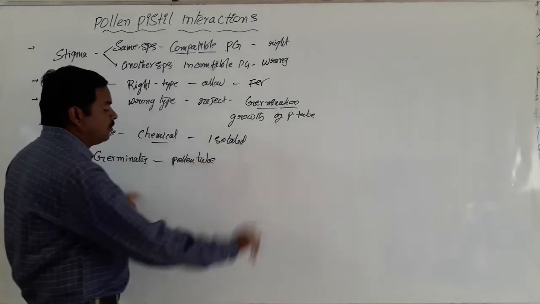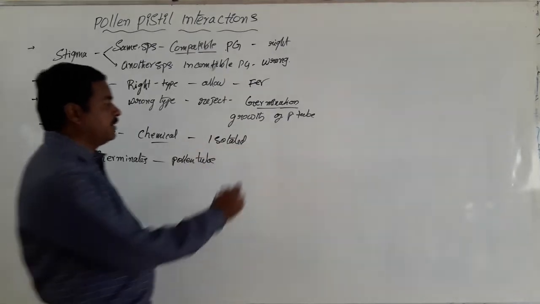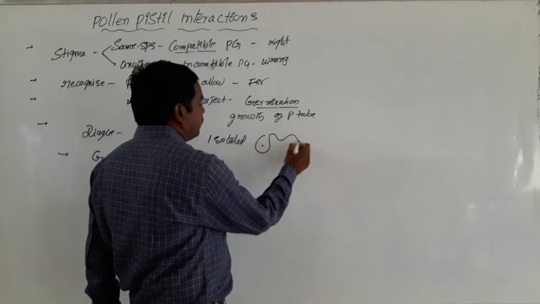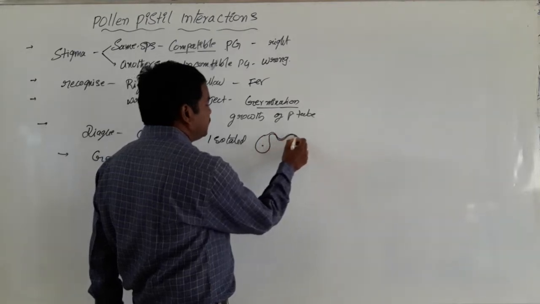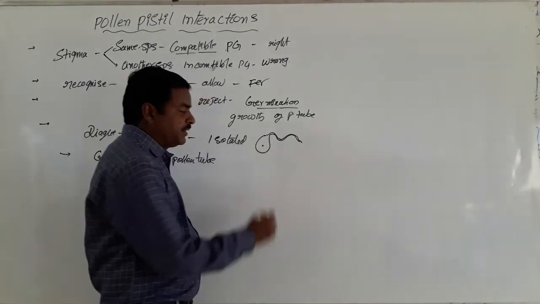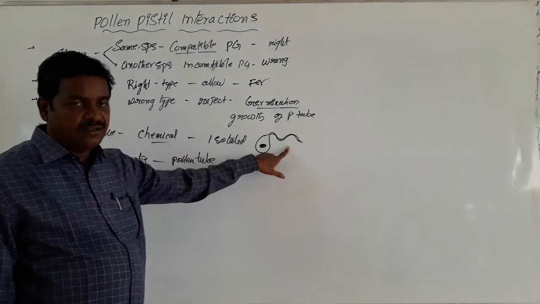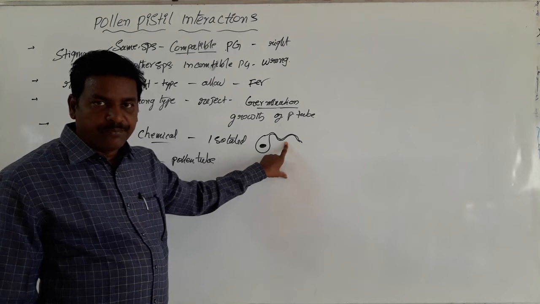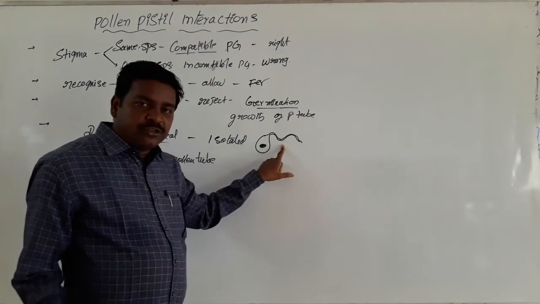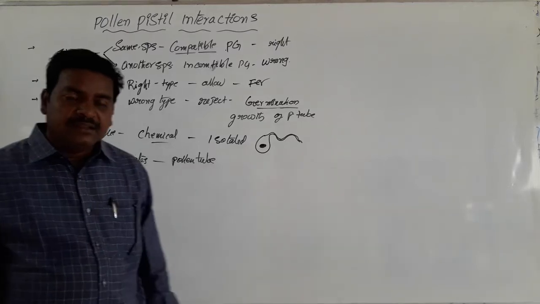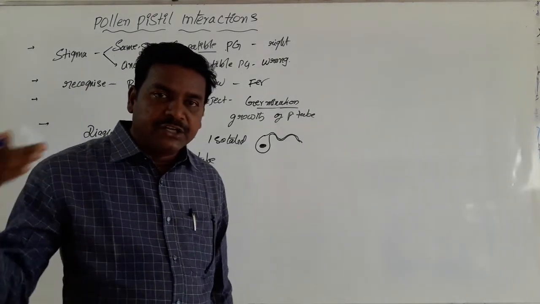For example, this is the pollen grain, and it germinates on the stigma and produces a small tube-like structure. This is called the pollen tube. Now this pollen tube enters into the style. Finally, the pollen tube enters into the ovule.